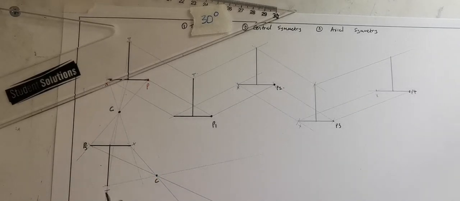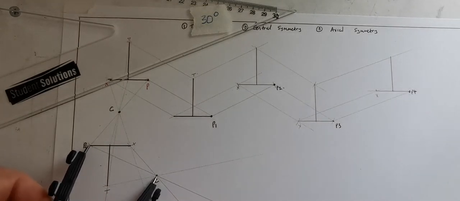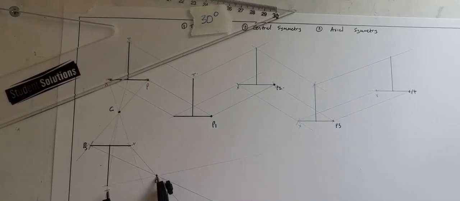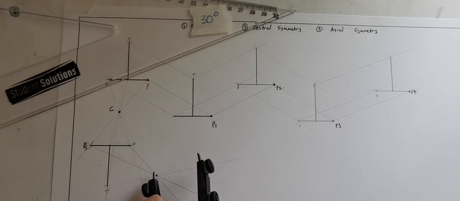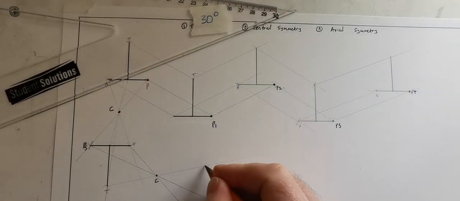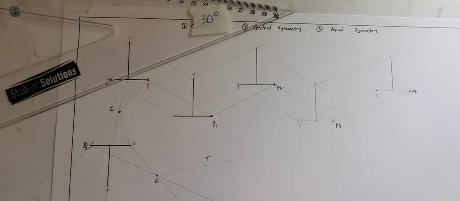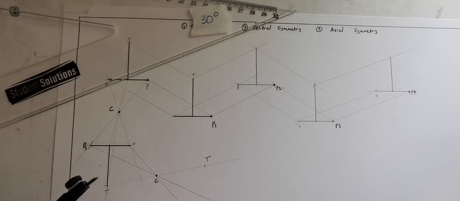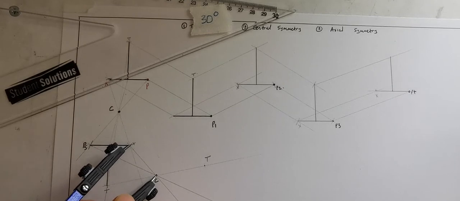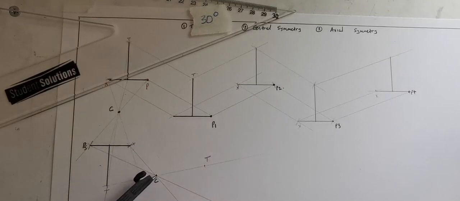I'm going to start with P. How far is it to the left? That far to the right. How far is T to the left of the center? Same distance to the other side. So that is T. This is P. This is X.